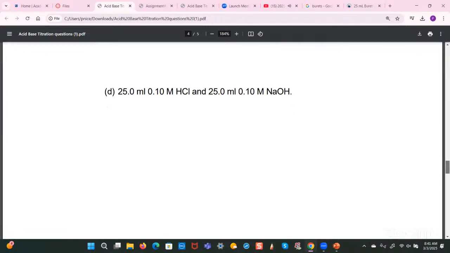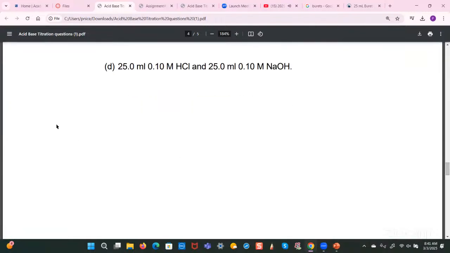Now, D is interesting because it turns out that in the case of D, the volume and the concentrations are the same, right? So let's see what happens in this case. As usual, like we did in the previous three examples, we calculate the number of moles of HCl, which will be equal to 25.0 mL, convert to liters, 1 liter over 1,000 mL, multiply by 25.0, multiply by 0.10 M, right?